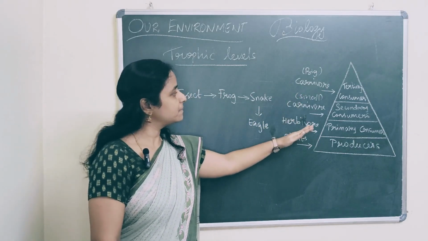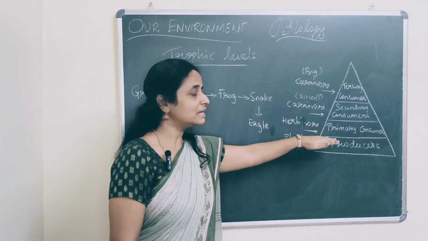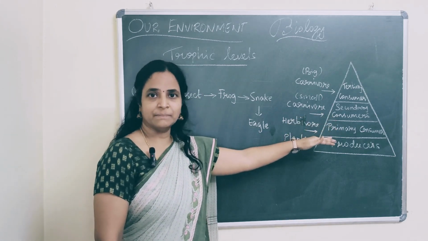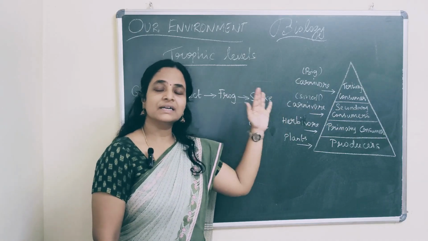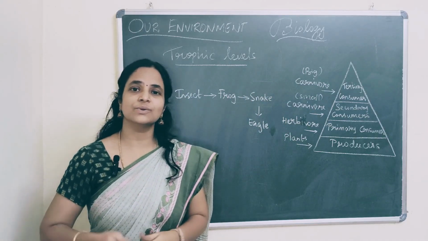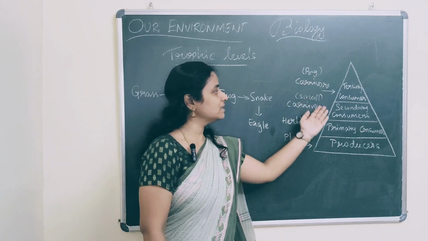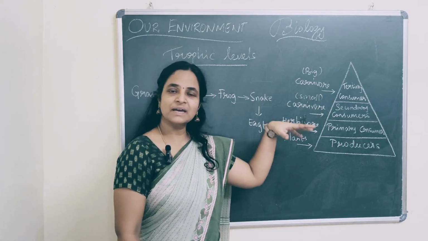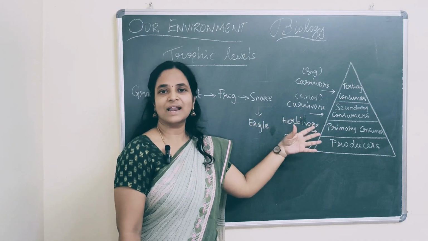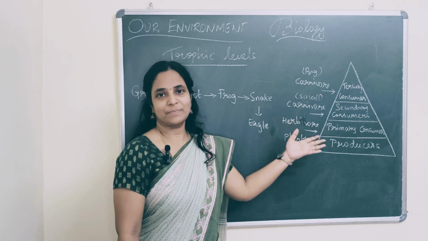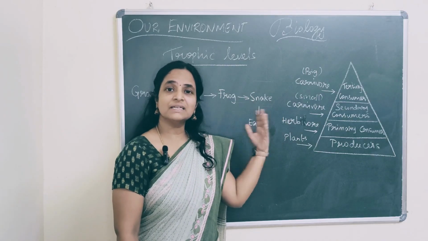Say, for example, if one level is not there, there will be ecological imbalance. And very importantly, the decomposers play a major role in the trophic level. Why? Because just imagine all the living forms, if they remained in the environment forever, what will happen? That is not possible. So the decomposers play a major role.